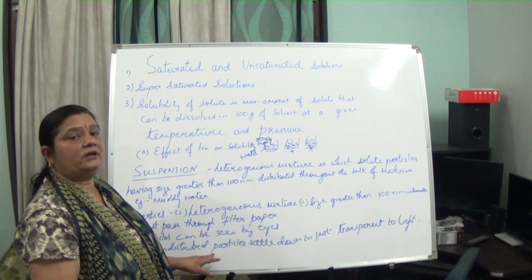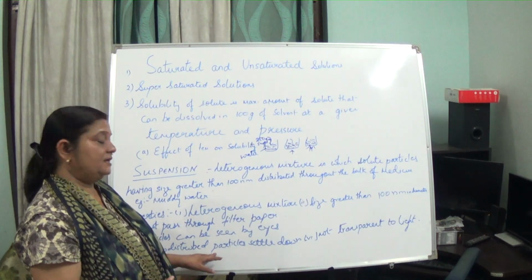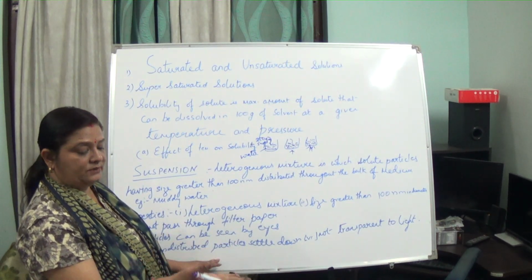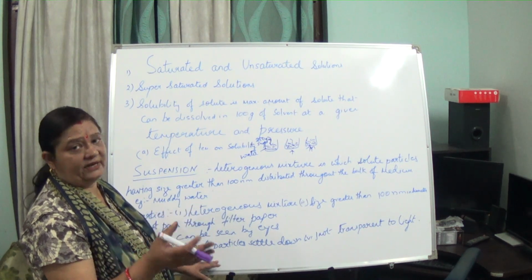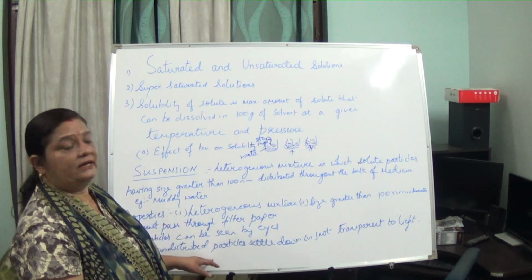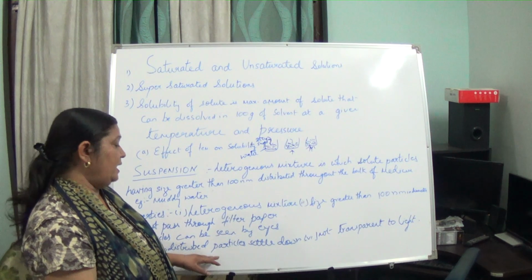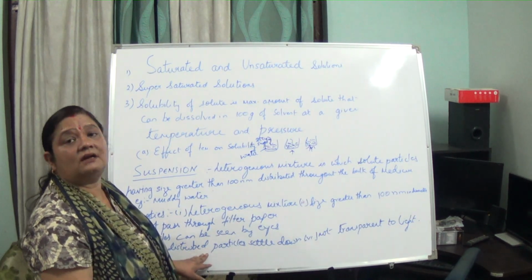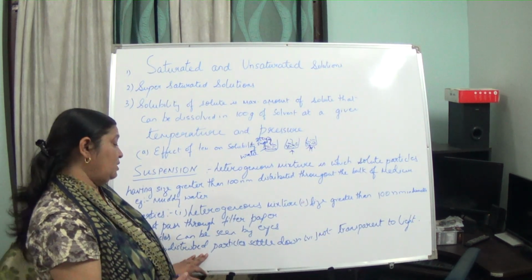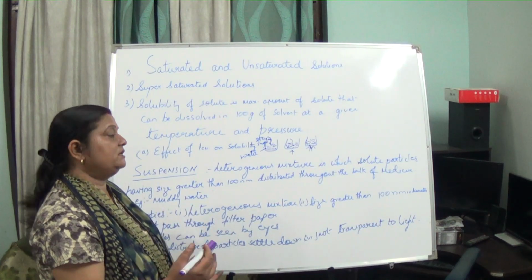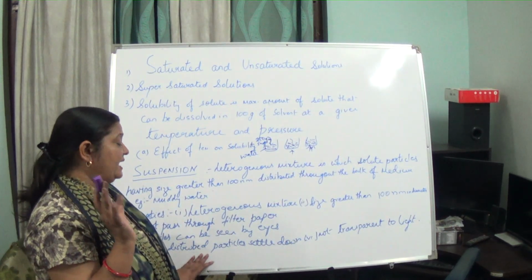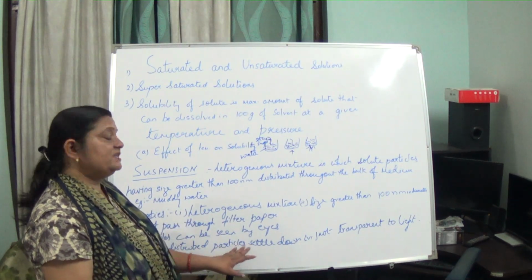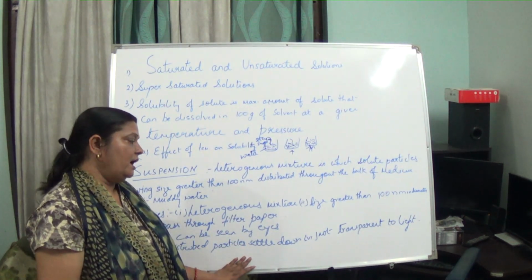Take sand and water in a glass, and after some time the sand settles down and you get water above, and you can easily separate that by the process of decantation. So these particles are not stable in nature: after some time they settle down, and if you disturb it, it gets disturbed very easily. As a result, you say that it is unstable in nature.